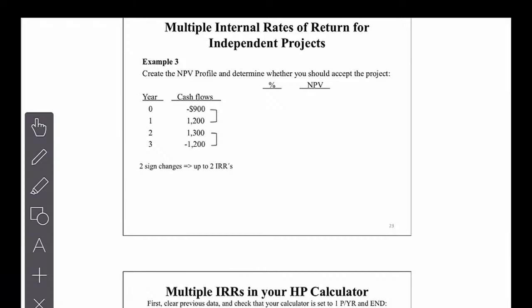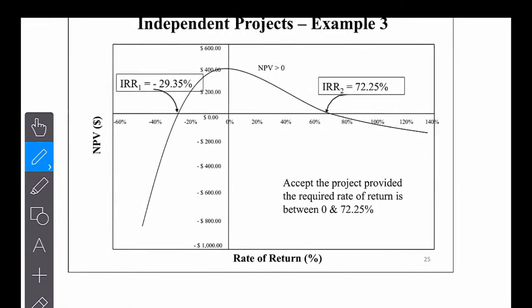A negative rate. So negative rate means that you pay. If this is you or your company, you're going to pay that rate for every dollar.